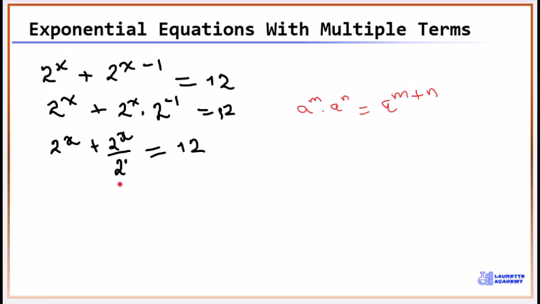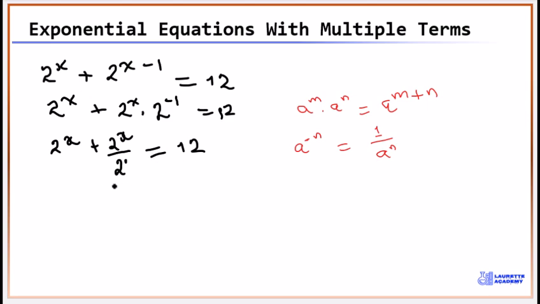Again, what we are using here is the law of indices that says a raised to the power minus n is the same as 1 over a raised to the power n. In our case here, a is 2 and n is 1.